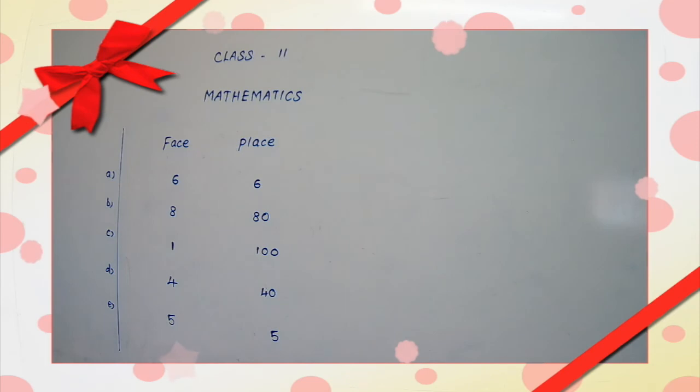But if the underlined digit is in the tens place, you should add 1 zero in the place value. At the same time, if the underlined digit is in the hundreds place, you should add 2 zeros in the place value. Then E is finished. Yes.